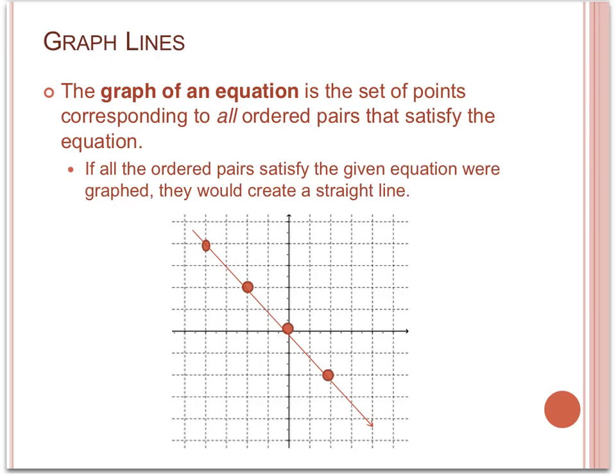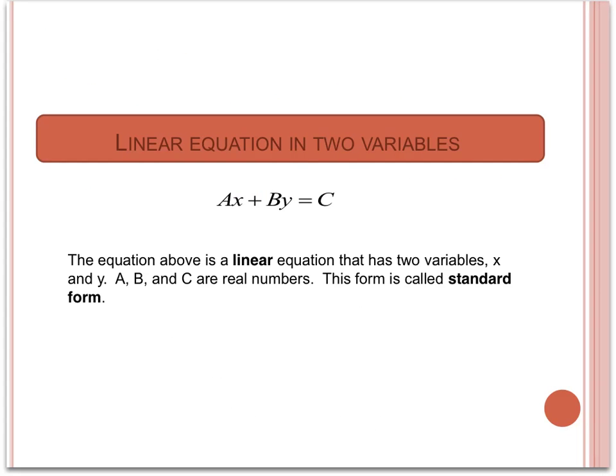If all the ordered pairs that satisfied the given equation were graphed, they would create a straight line. The equations that we've seen so far are called linear equations in two variables. A linear equation is an equation that is in the form ax + by = c, where x and y are two variables and a, b, and c are real numbers. This form is also called the standard form.